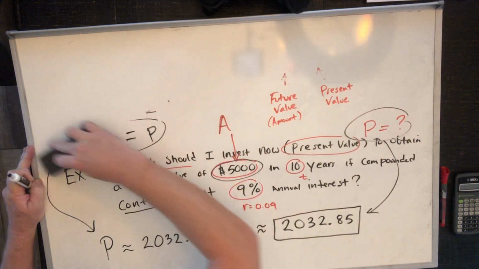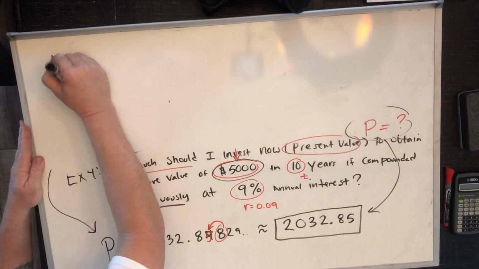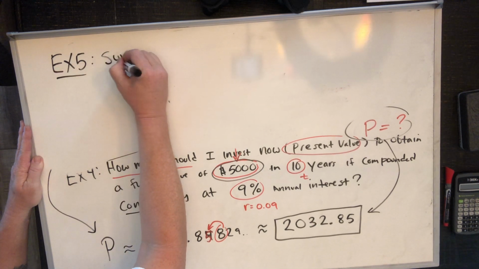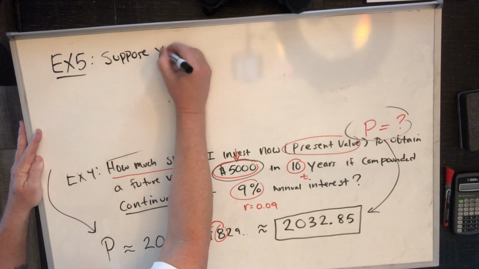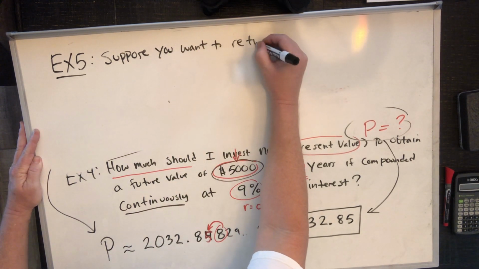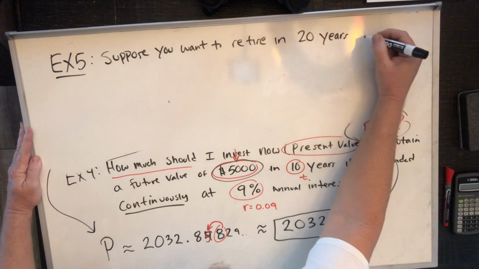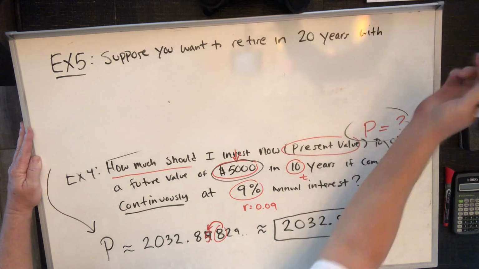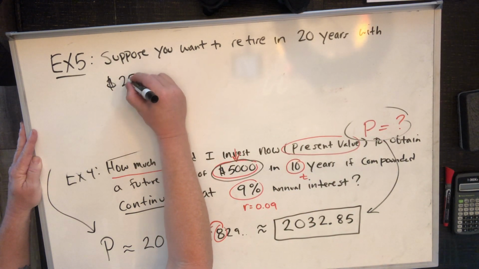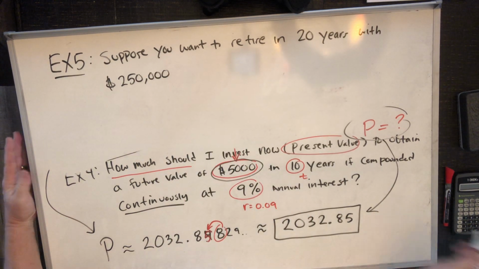Example 5, something a little bit more realistic. Suppose you wish to retire in 20 years. Now you want to have a nice retirement, so you want to have $250,000 upon retirement in 20 years.